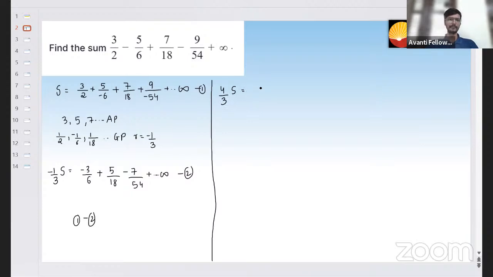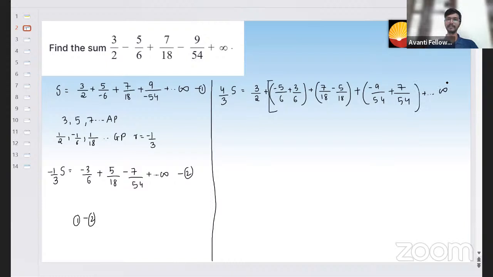And 3 by 2 will remain as it is, plus minus 5 by 6 plus 3 by 6, let me put it in a bracket, plus 7 by 18 minus 5 by 18, plus minus 9 by 54 plus 7 by 54, and this will go up to infinite terms.